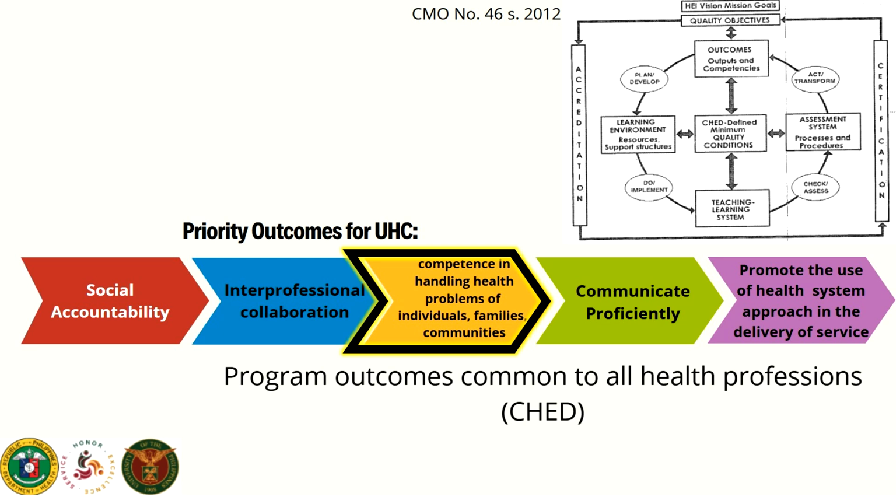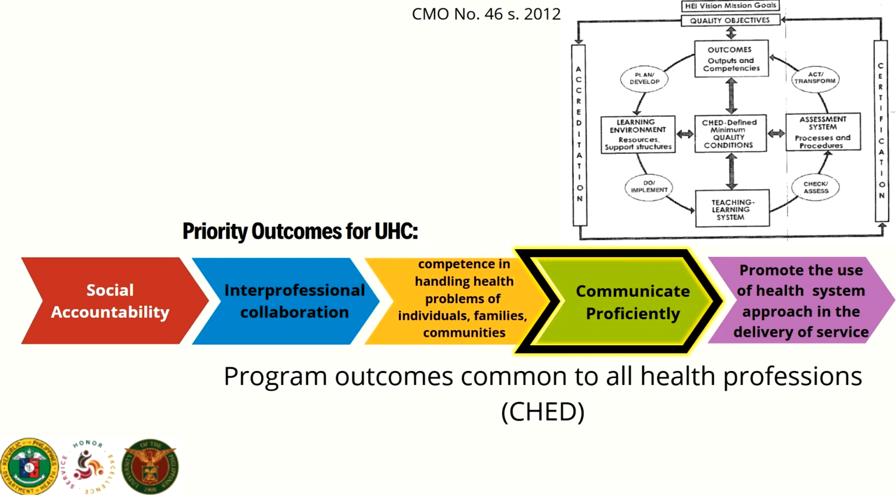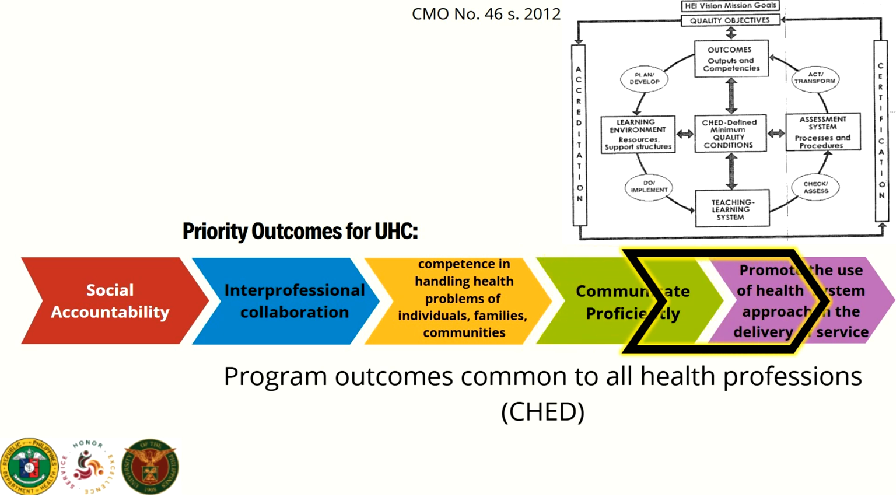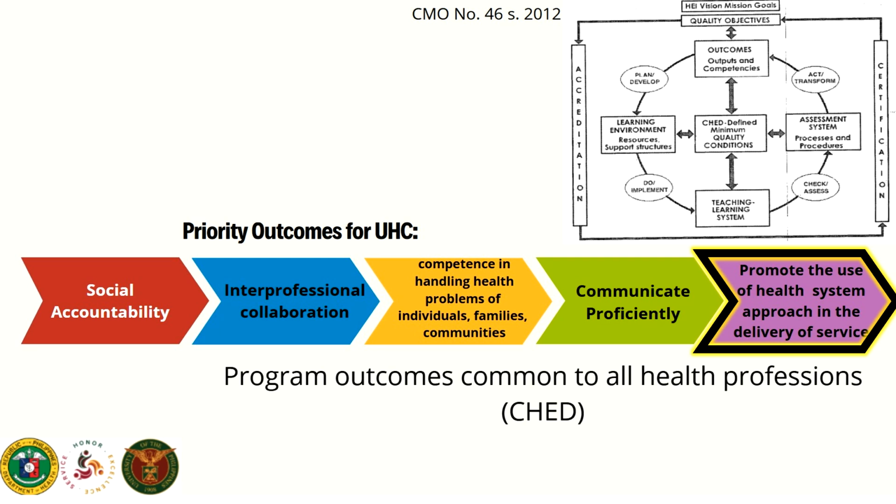They should be able to communicate proficiently. It does not necessarily mean that they speak in English, but communicate proficiently to patients, to the communities, and even to leaders, and promote the use of a health system approach in the delivery of service. So these are the outcomes.